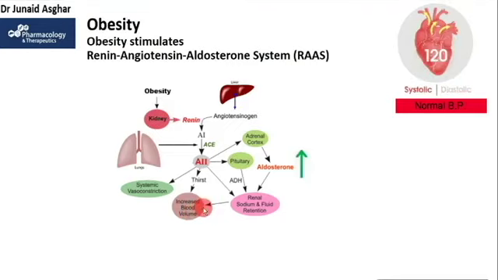So in this way, angiotensin 2 has several biological functions, such as it stimulates the adrenal cortex to release aldosterone. It also stimulates the posterior pituitary to release ADH, or antidiuretic hormone, which is also called vasopressin.